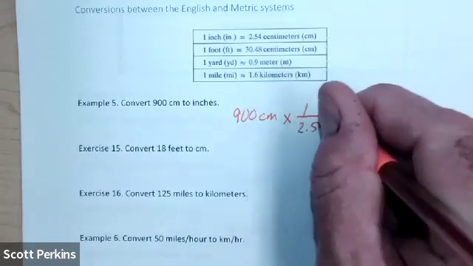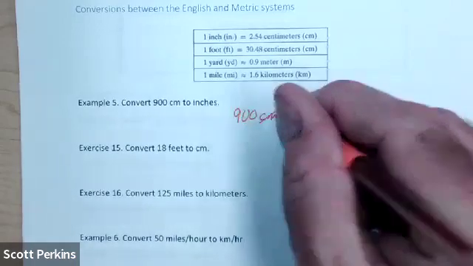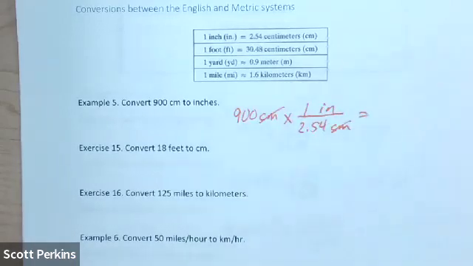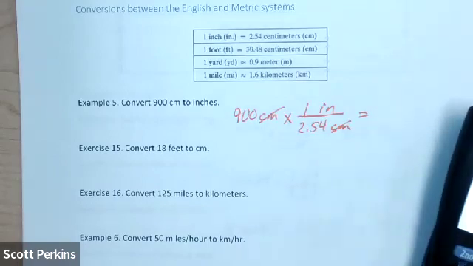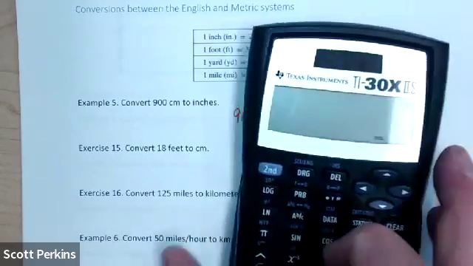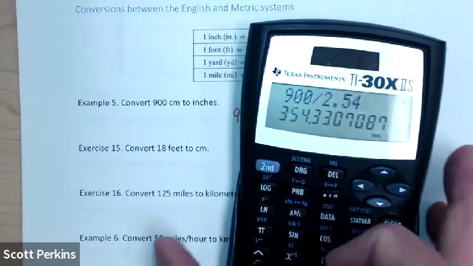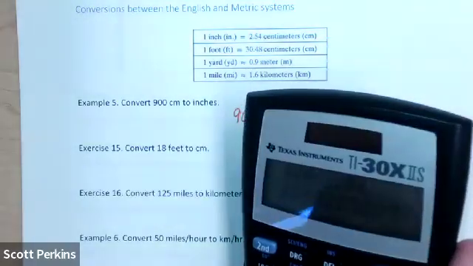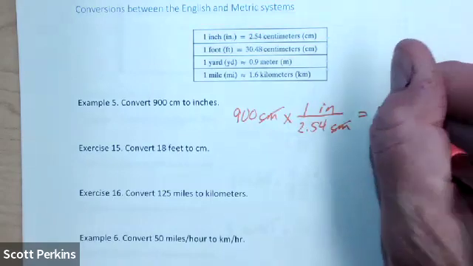I'm going to put the 1 inch on the top. That causes my centimeters to cancel out. And I'm going to just round this to 2 decimal places because the conversion was in 2 decimal places. So I've got 900 divided by 2.54, and that is going to be 354.33 when I round.